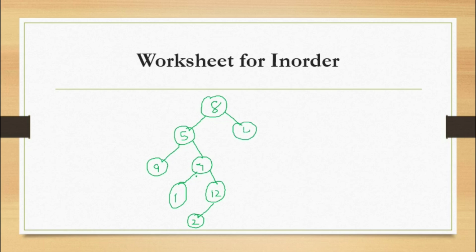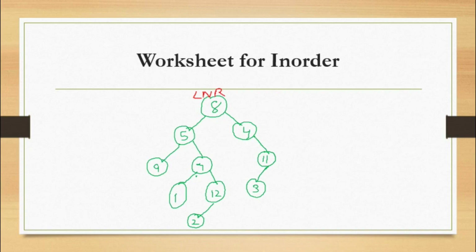So we are taking the example tree here. For in-order, the left subtree we write first, so L, then N. N represents the root, then R represents the right.